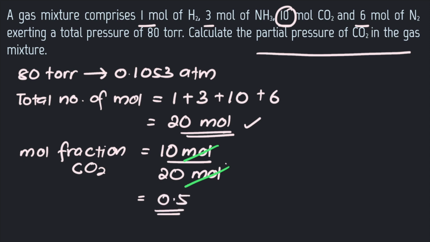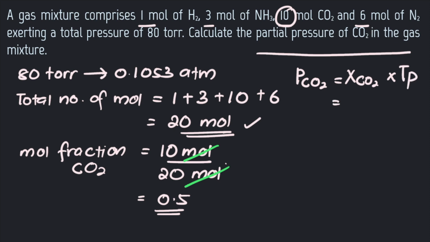Right, so next up is how you are going to calculate the partial pressure. The partial pressure for carbon dioxide is equivalent to the mole fraction of carbon dioxide times the total pressure.